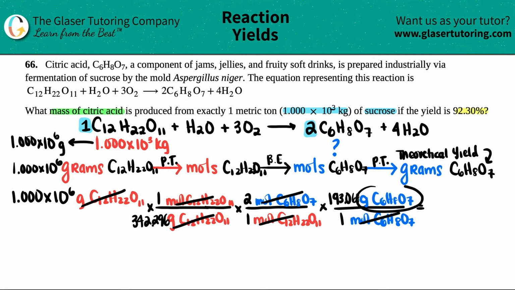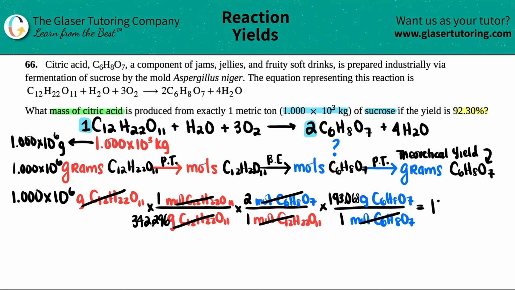We're now going to find the theoretical yield of this, the citric acid. So let's see, 1 times 10 to the 6th divided by 342.296 times 2 times 193.068. I got a big number. So we could cut it off after a couple of places.